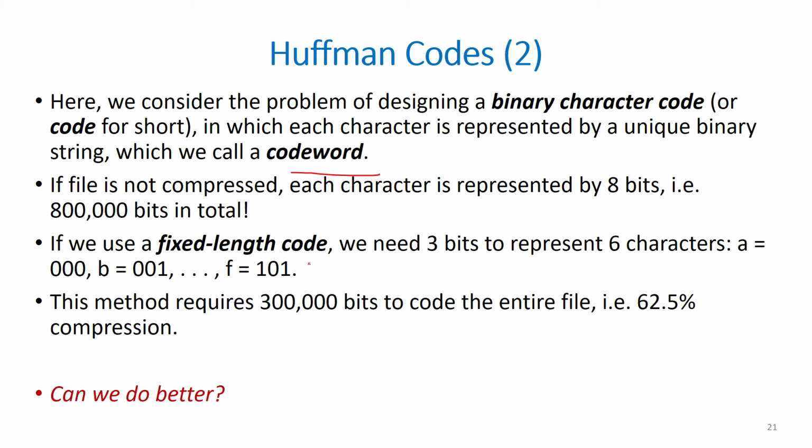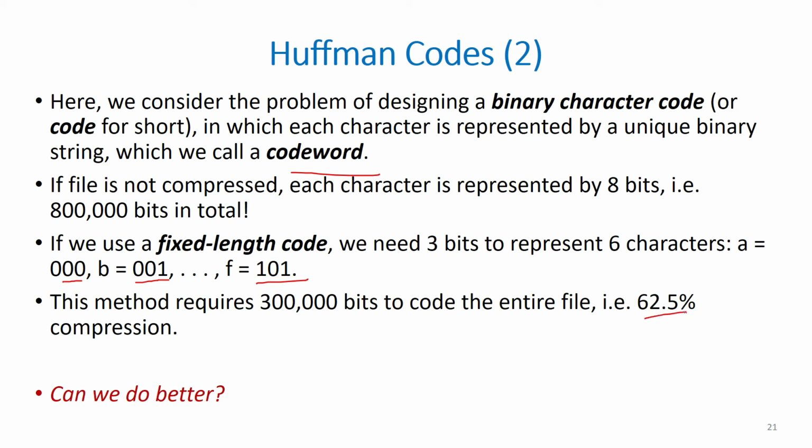Say A is represented by 000, B by 001, C by 010, up till F, which can be represented as 101. So 3 bits for each character. Therefore, for 100,000 characters, it would take 300,000 bits of storage, which is a compression of approximately 62.5%.